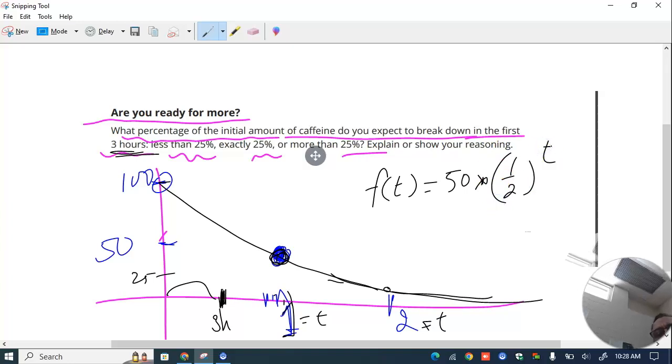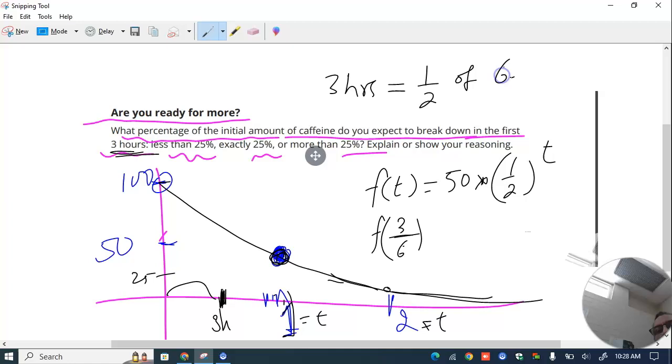So you'll have to divide by 6 because 3 hours is half of a 6-hour period, correct?